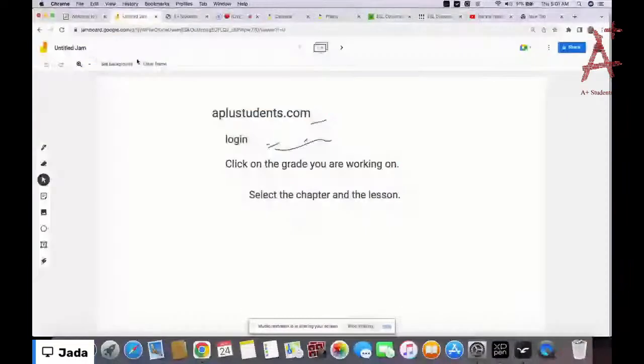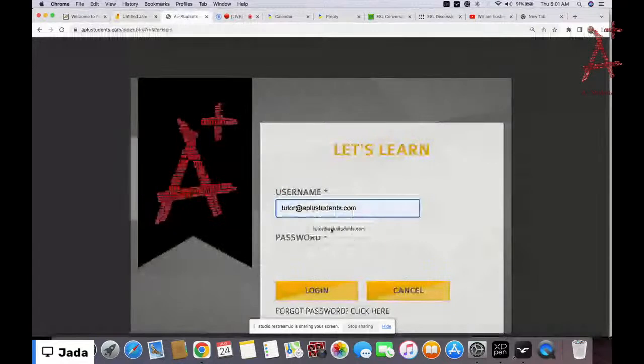Okay, so first off, you just log in using aplusstudent.com. You input your email and your password, and then you click on your name. So, we'll log in here.